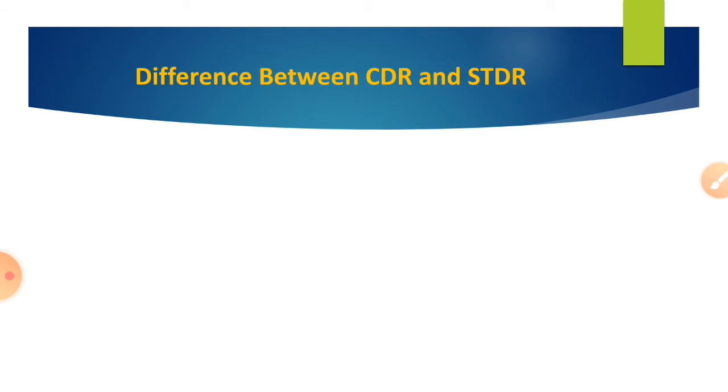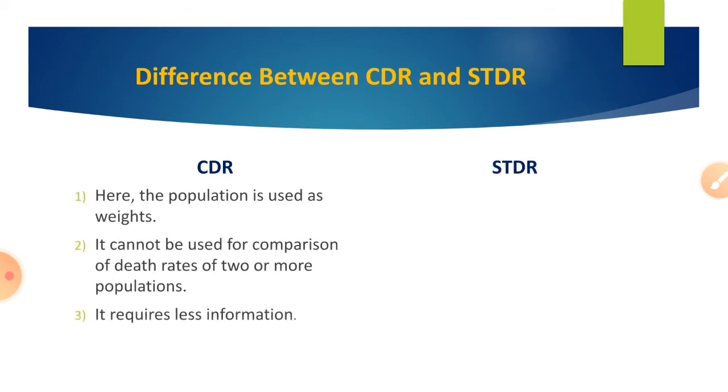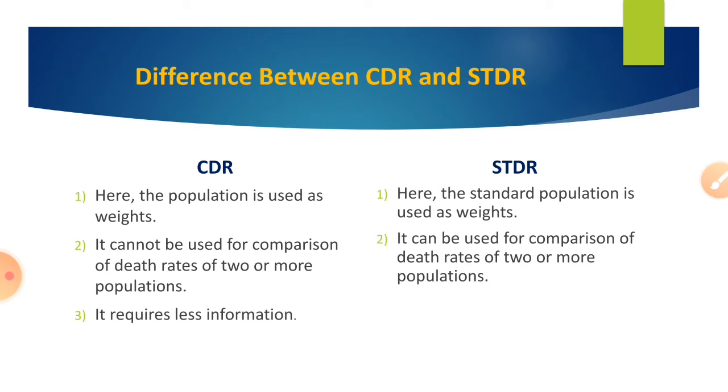To clearly understand the standardized death rate, now we are going to study the difference between CDR and STDR. In CDR, the population is used as weights, whereas in STDR the standard population is used as weights.